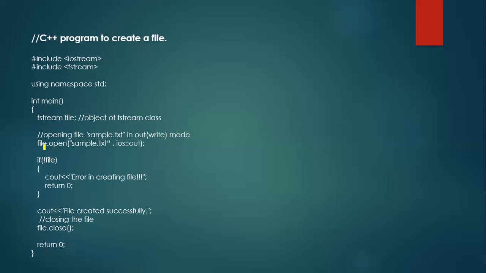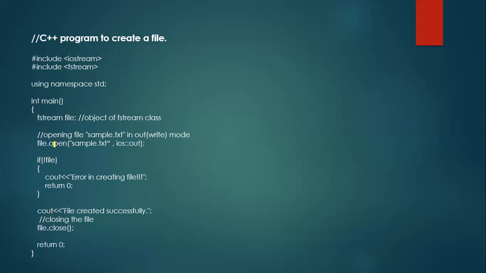If this returned value is true, then the logical not will convert it into false, meaning the condition is false. When the condition becomes false, it means there is no error in creating the file, meaning the file is created. So if not of file returns false, then what happens? Then it will just display the message that the file is created successfully.